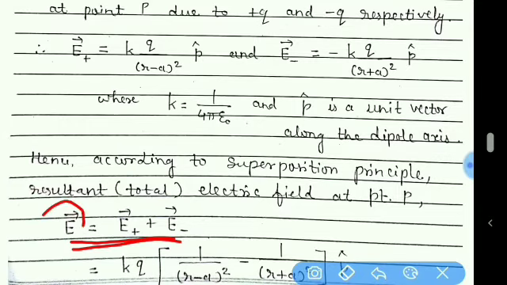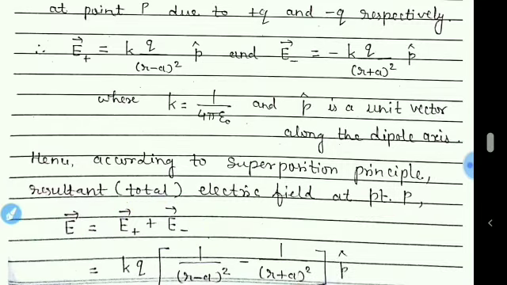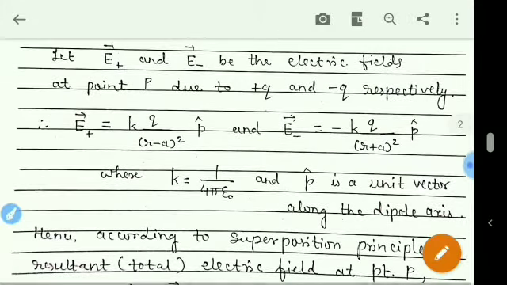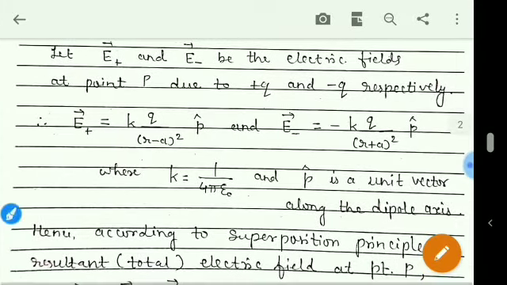So the total electric field E is the electric field due to the positive charge plus the electric field due to the negative charge at point P. Now we will put both the electric fields, and we can see that in both, K and Q are common.